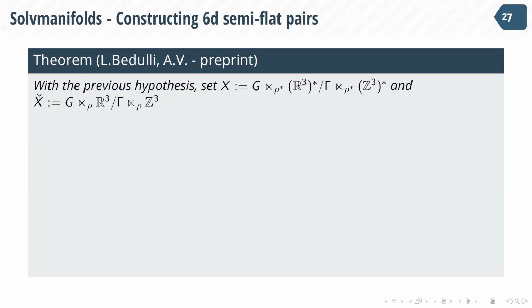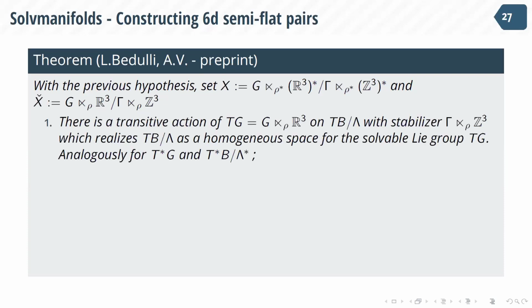We denote these quotients with X and X check, and this is the main result of our work. We can define an action of the six-dimensional Lie group on the tangent bundle of the three-dimensional homogeneous space modulo a lattice.